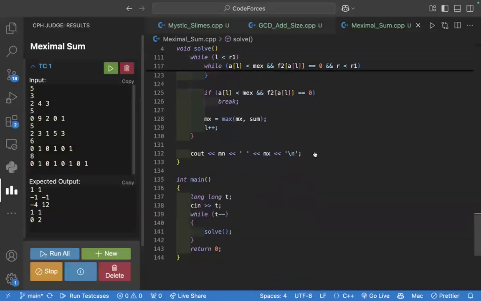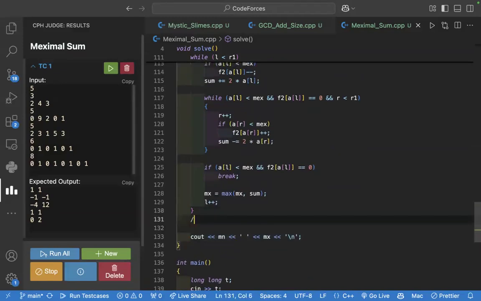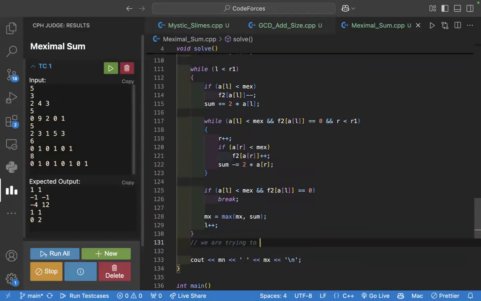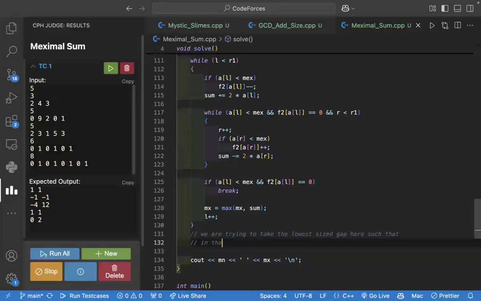Yes. Great. And then you print mn and mx outside. Yes, that is the correct thing, right? Anybody who's watching this video, if this while loop is not clear, we are trying to take the lowest sized gap here such that in that gap, all values from 0 to max minus 1 come at least once.